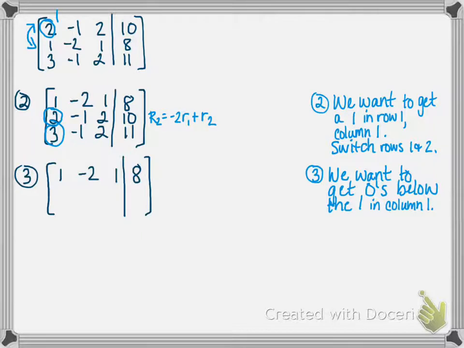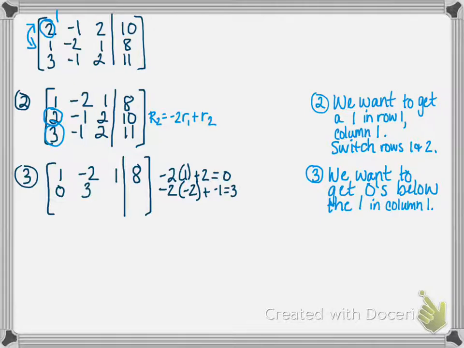But for row 2, I'm going to multiply my row 1 element, the 1, by -2, and add it to my old row 2 element of 2. So -2 times 1 plus 2 equals 0, and that will go in underneath the 1 in column 1. For my second item, I do -2 times -2 plus -1, and I get the 3.